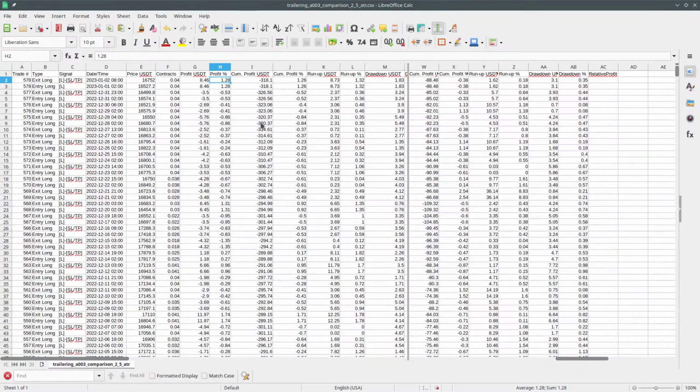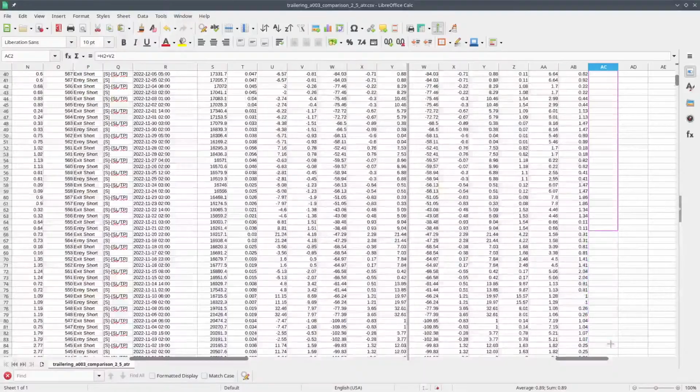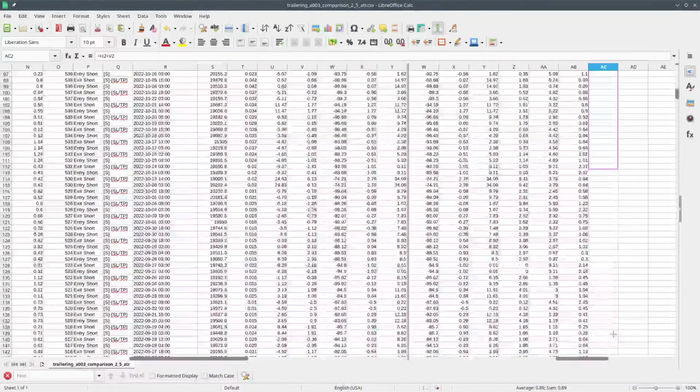So yeah, so you want this 188 plus whatever the profit is on the next column with the same name, which is this one here. That's it. If it's negative, it means that the profit is negative. So that's nice.